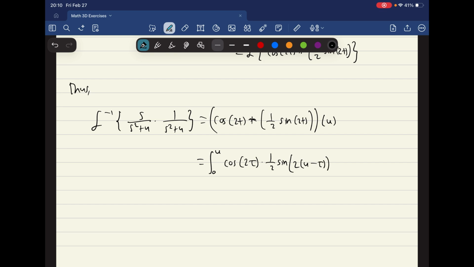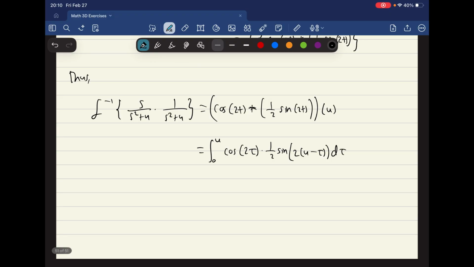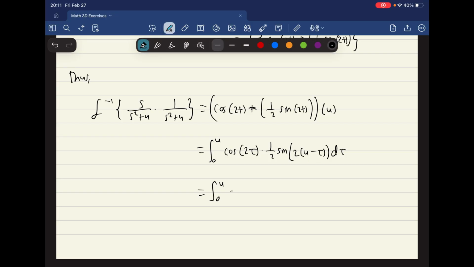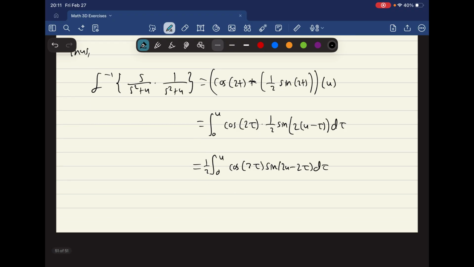And so, what does this give us? Well, all that we need to do is figure out what this integral is. This might look a bit messy, but everything will turn out okay, because we just need to expand this right here. Let me go ahead and factor out the 1/2. So we get cosine 2 tau and then sine of 2u minus 2 tau d tau.